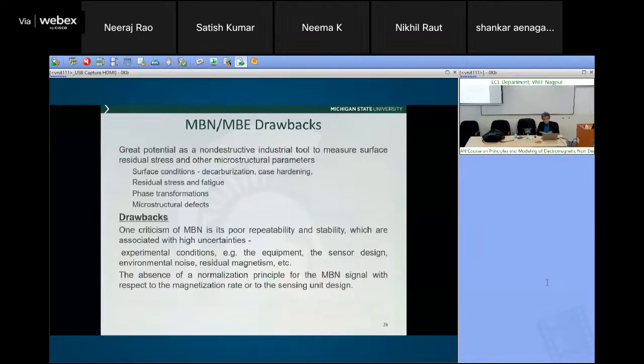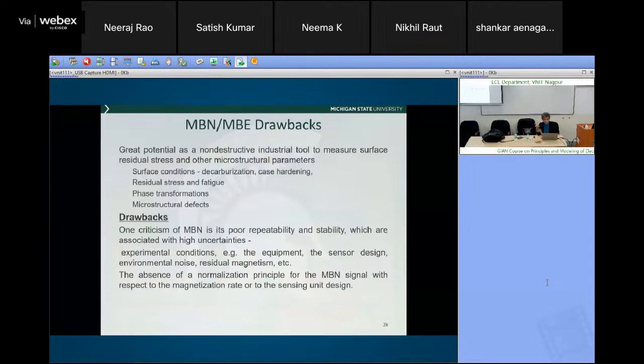So MBN is a method, but I am not really in favor of this because there are a lot of unknowns in the usage of this method. Under some conditions, you can look at the residual stress of the surface, but the surface conditions can also change by carbon contents, and there is case hardening.